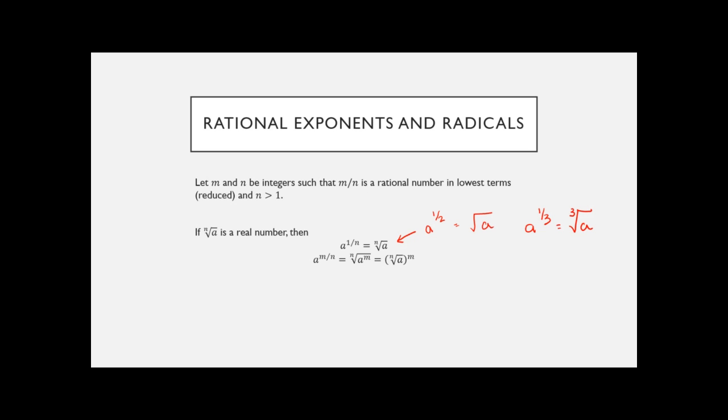That's how they're defined. But we can also have rational exponents that don't just have one on top of the fraction. We can have other numbers, and you can write those either way. You can either put the top part of the fraction on the inside, or on the outside. You can get the same answer either way.